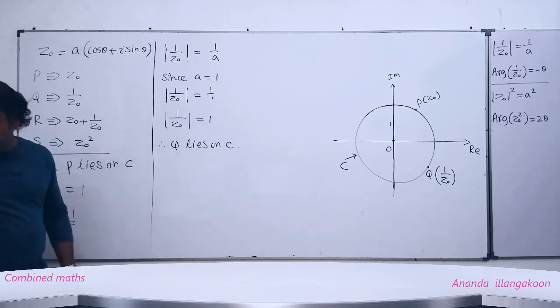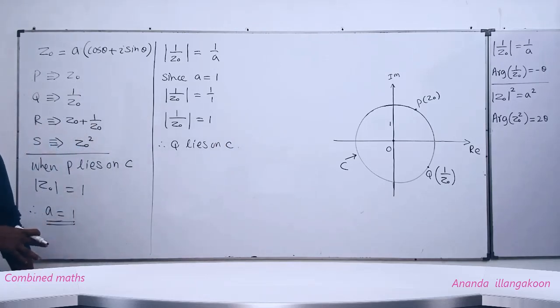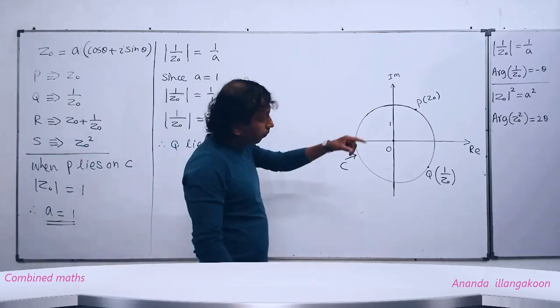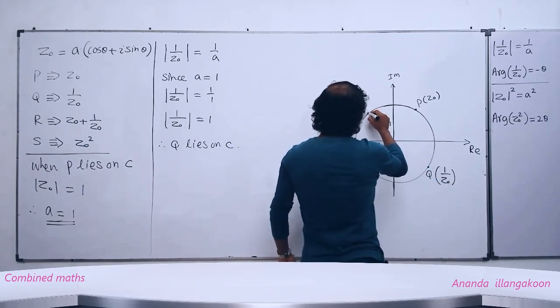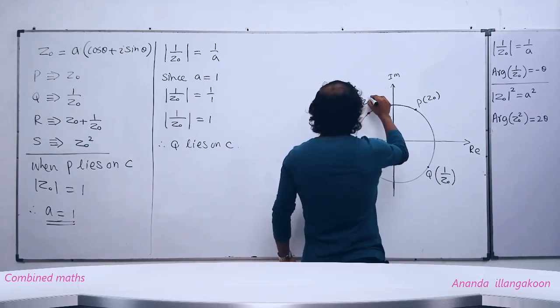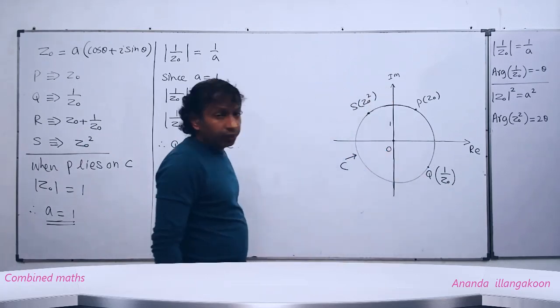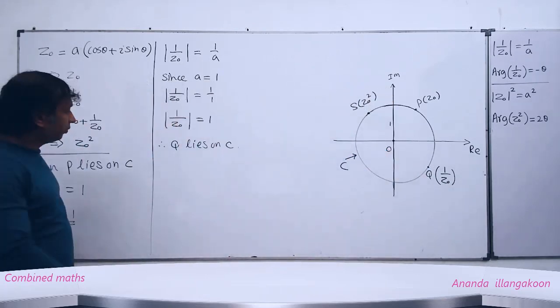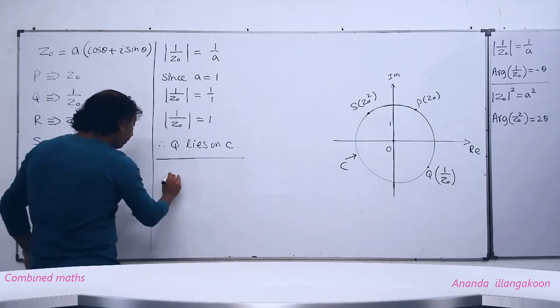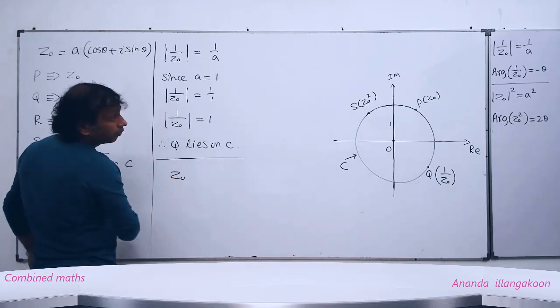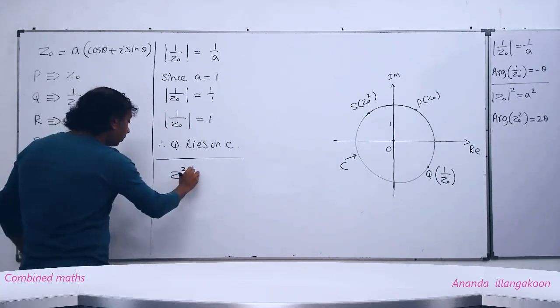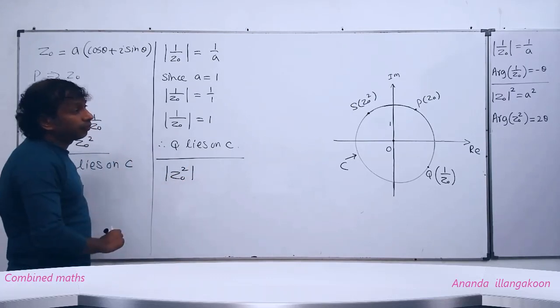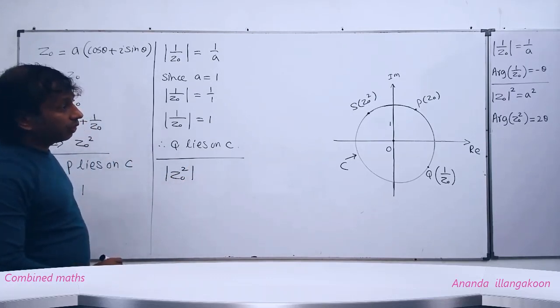Next one, we are asked to show S. Z naught squared, the argument is 2 theta. Somewhere here the point gives us Z naught squared. Z naught squared modulus, we found A squared.